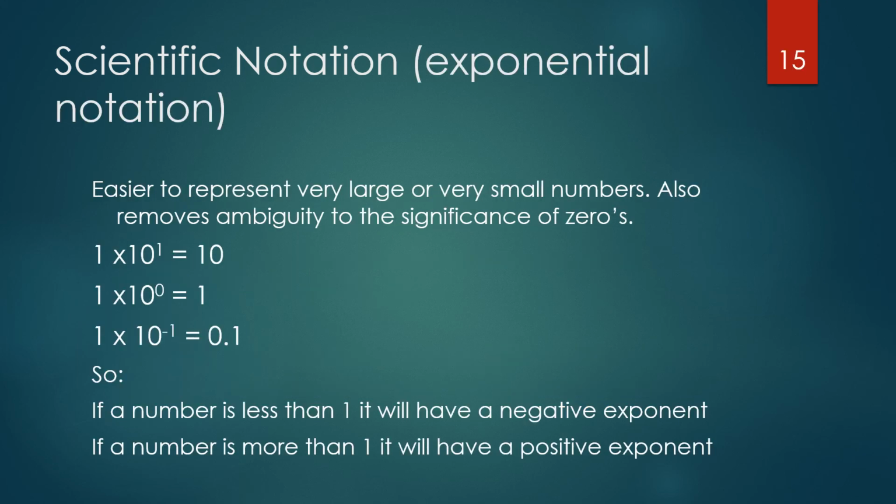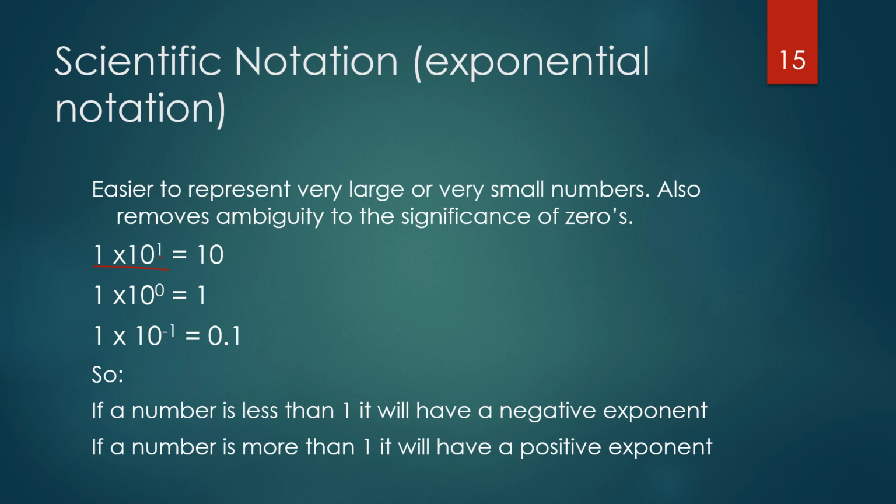Let's first look at how to tell if that exponent is going to be positive or negative. So there are some examples shown here. So in this first example, I have 1 times 10 to the positive 1. That's the scientific notation of the number.